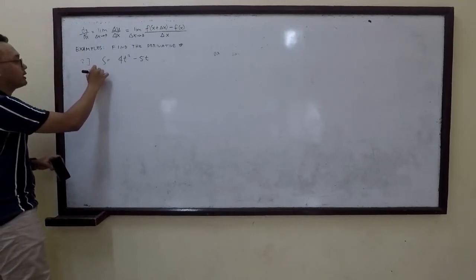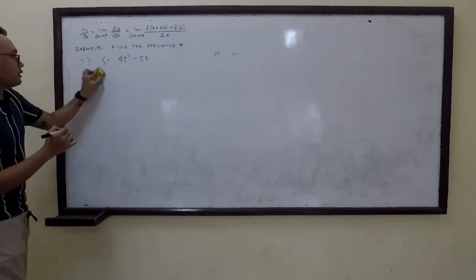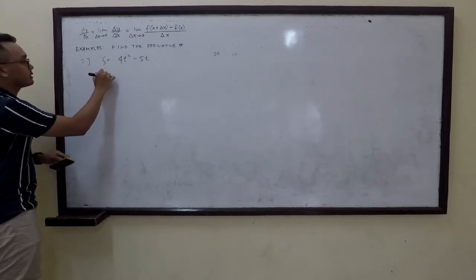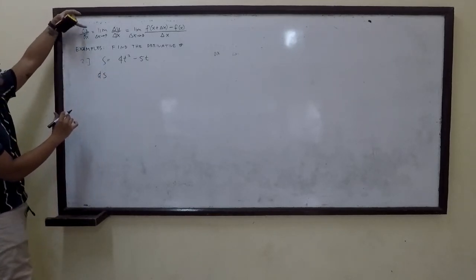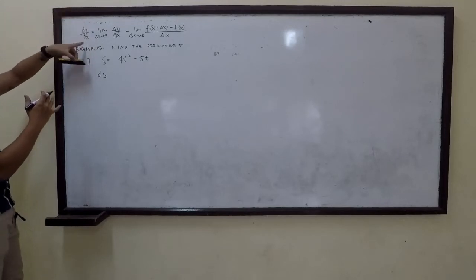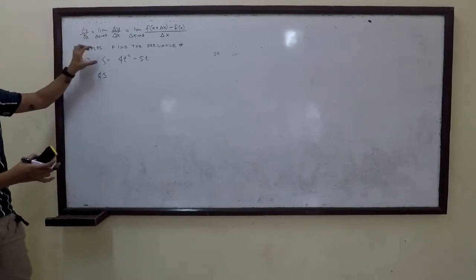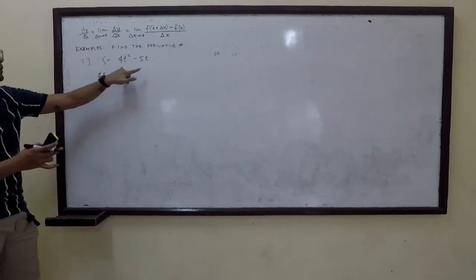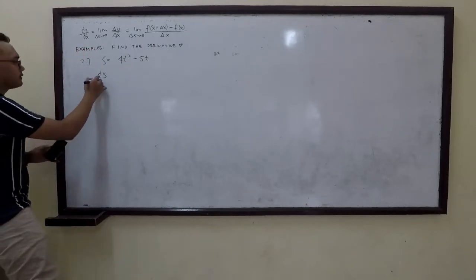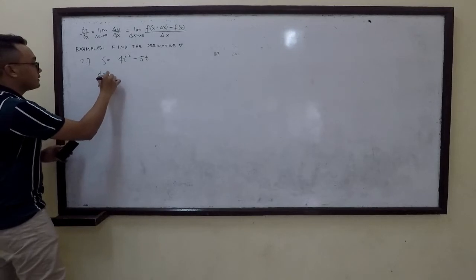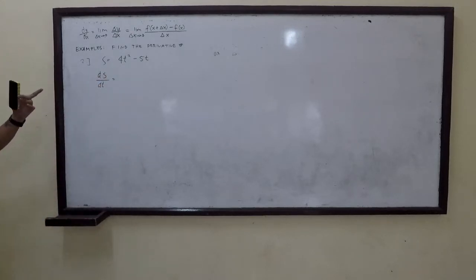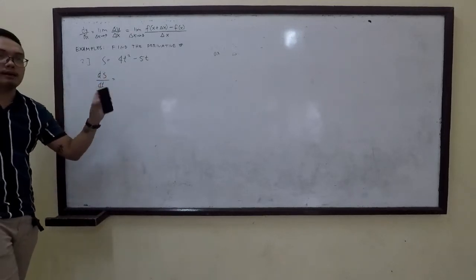Instead of dy over dx, we're going to replace it with ds over dt. y is the dependent variable, and x is the independent variable. The top is the dependent, then the bottom is the independent. So it's not always dy over dx; it depends on the variables.